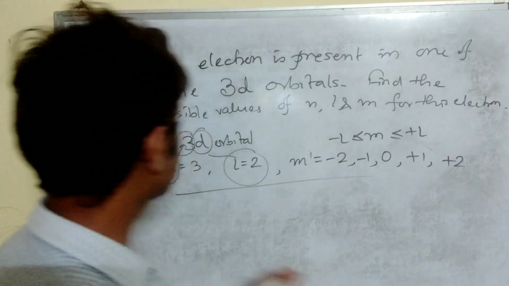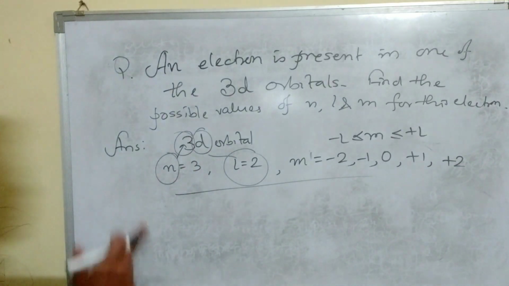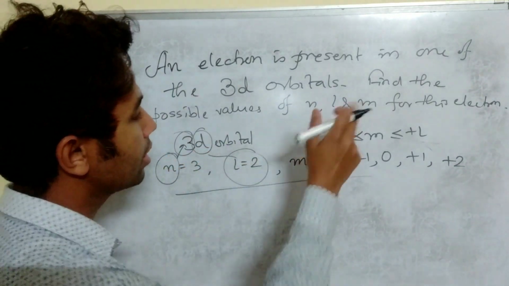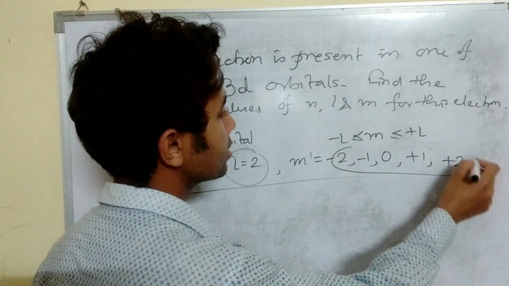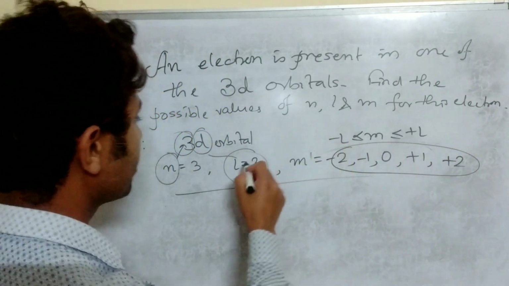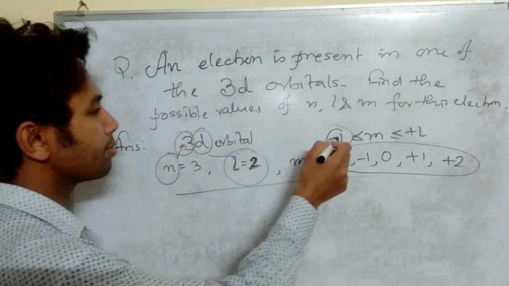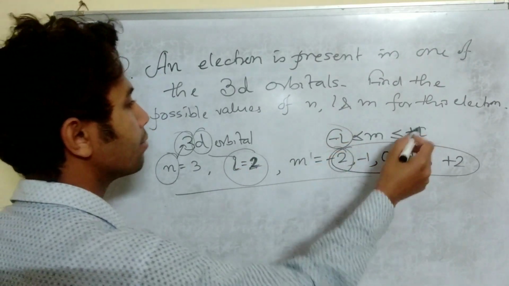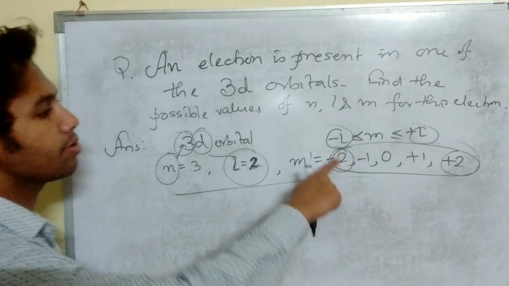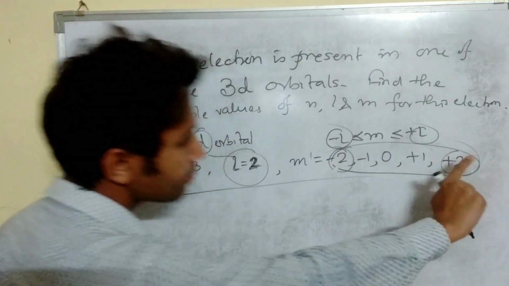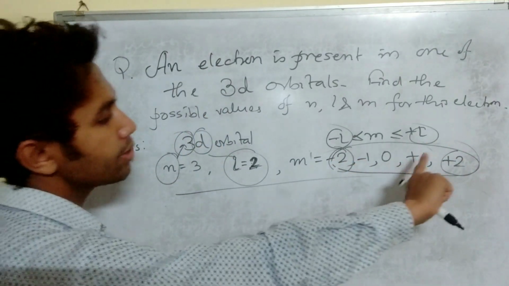So here, the possible values for n is 3, l is equal to 2, and m will be minus 2, minus 1, 0, plus 1 and plus 2. As l is equal to 2, minus l will be minus 2 and plus l will be plus 2. So in between minus 2 and plus 2 there will be minus 1, 0 and plus 1.